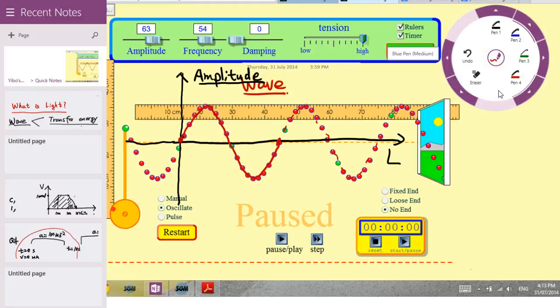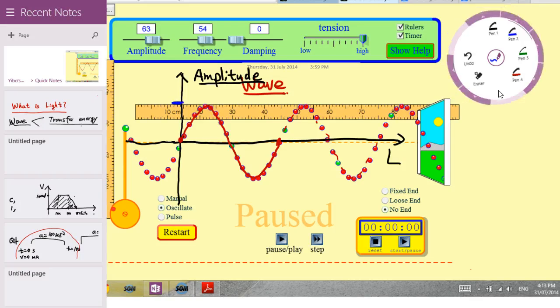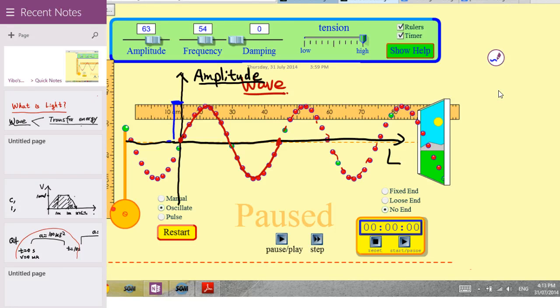Then just make some notes. Just remember the distance, the length, this part is actually the amplitude of the wave. When I'm asking for the amplitude, this is the amplitude.